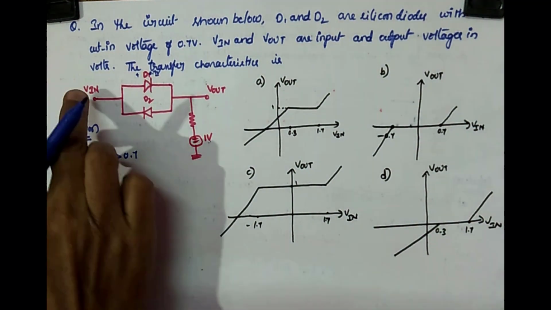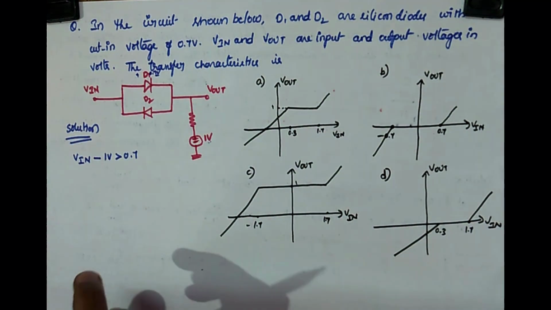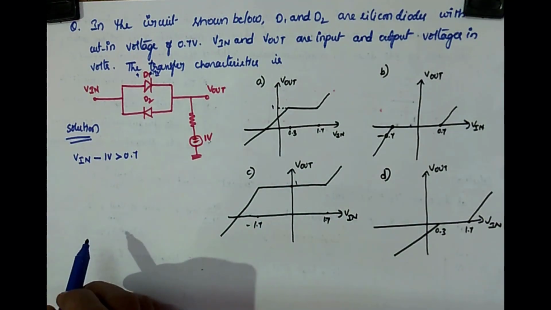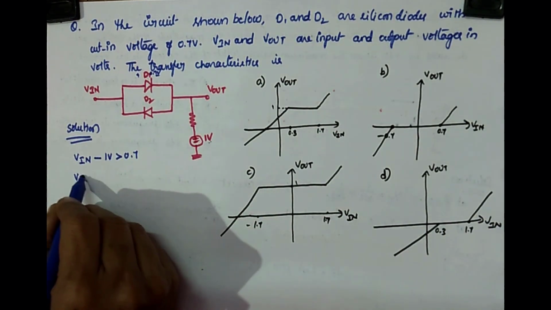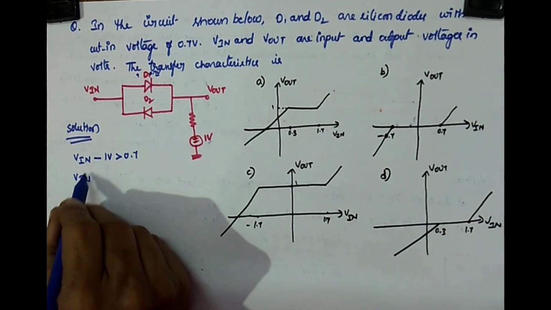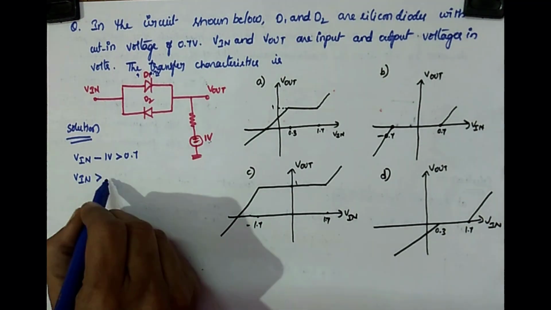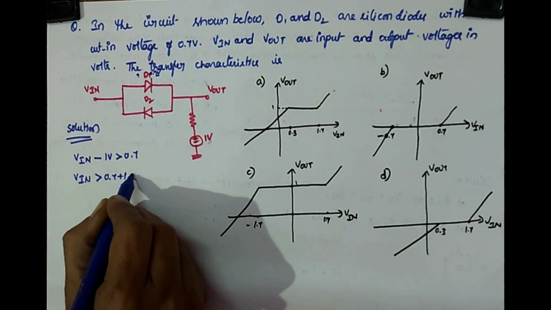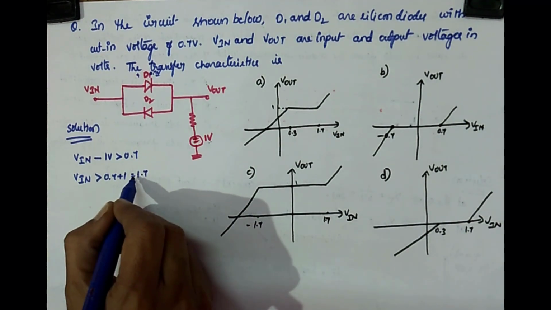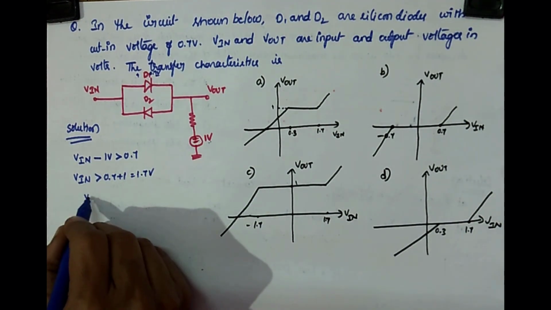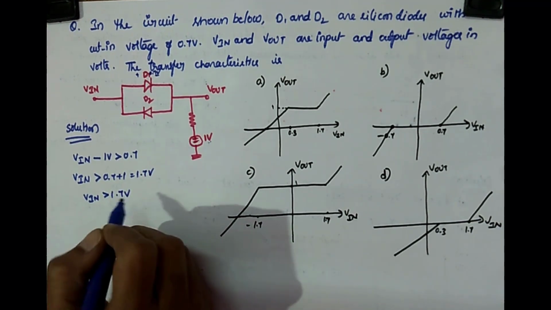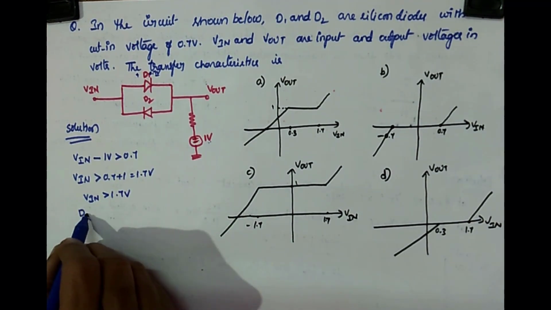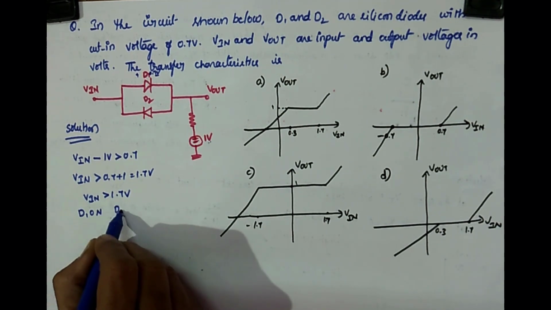This difference must be greater than 0.7, then only diode D1 will conduct. Or simply, Vin must be greater than 0.7 plus 1, that is 1.7 volts. Then only D1 is on and D2 is off.